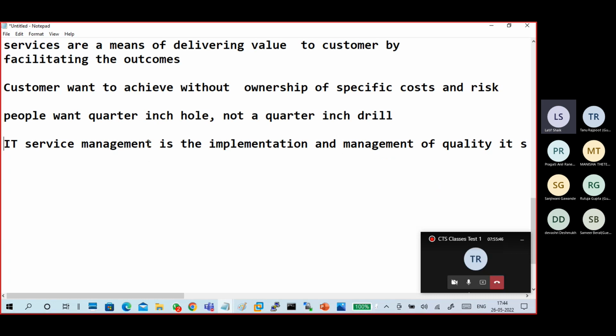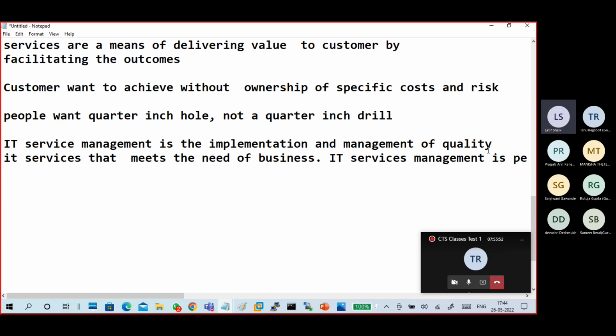IT service management is the implementation and management of quality IT services that meets the needs of business.